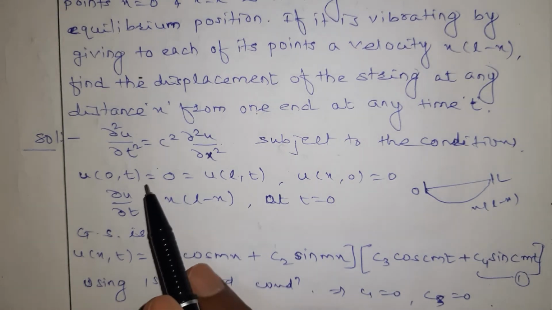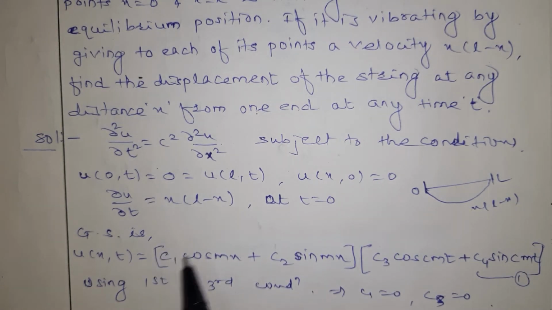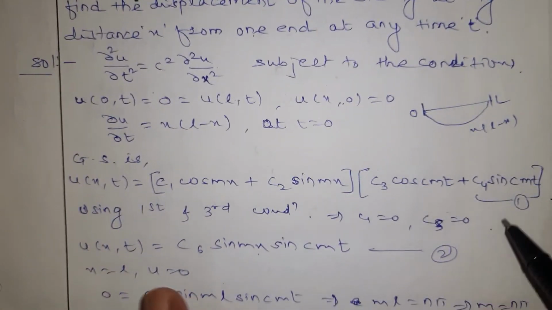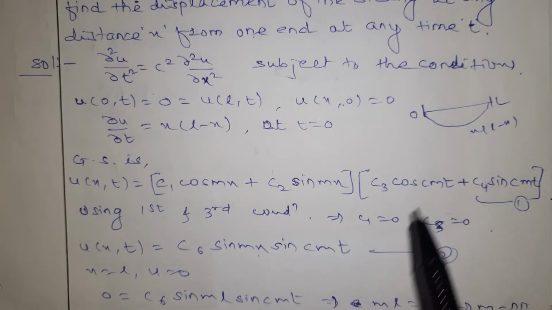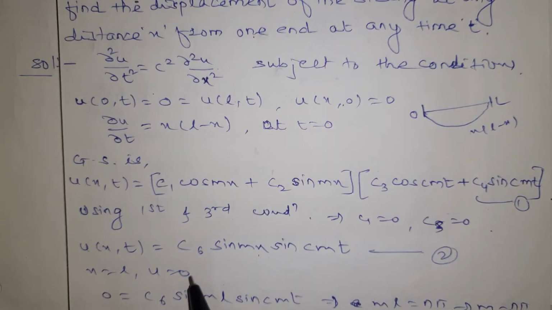From the first condition you will get c1, and from the third condition you will get c3. So you get c1 equal to 0 and c3 equal to 0. Now for the remaining, take the product c2 c4, you may write it as c6 or c5, it doesn't matter. So u of (x, t) is equal to c6 sin mx sin cmt.